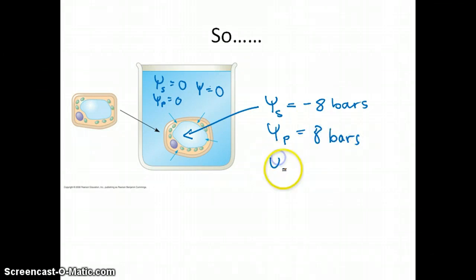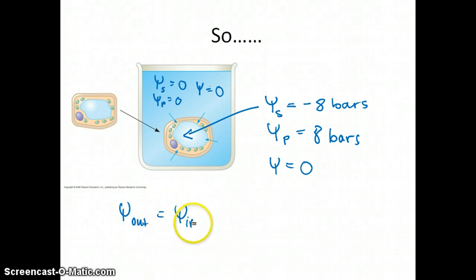And that would equal a water potential of 0. So in this case, water is at dynamic equilibrium. The water potential outside is equal to the one that's inside, and hopefully that helps.